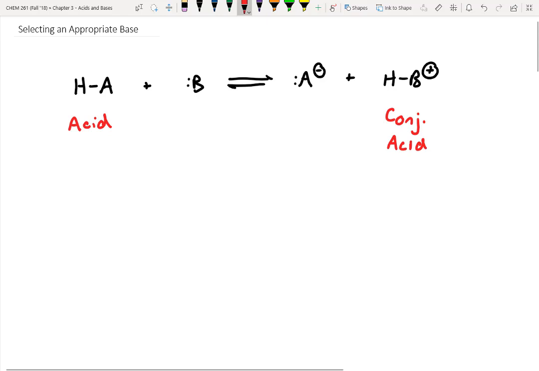And I'm going to phrase this another way. If we want to favor deprotonation, what should be the stronger acid?